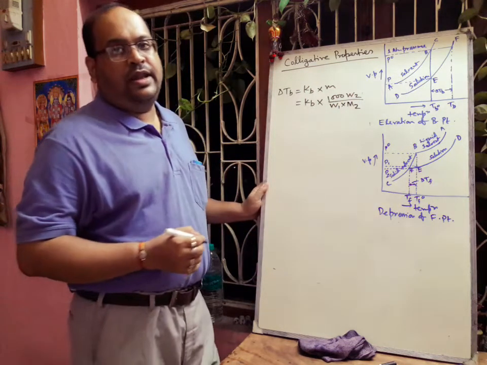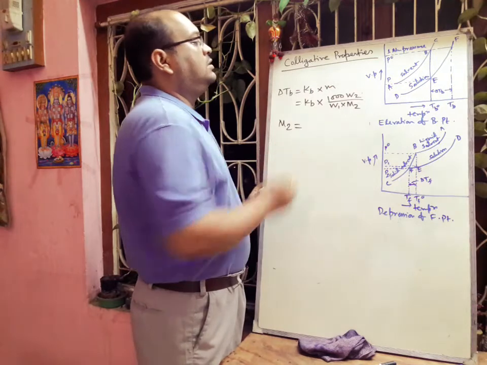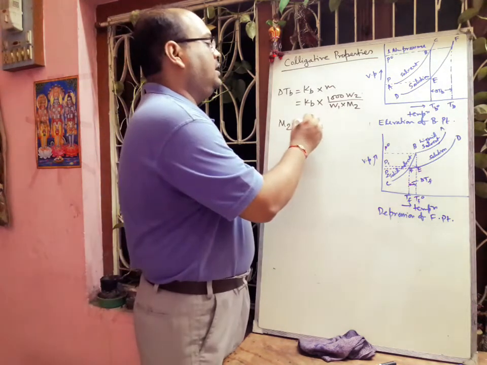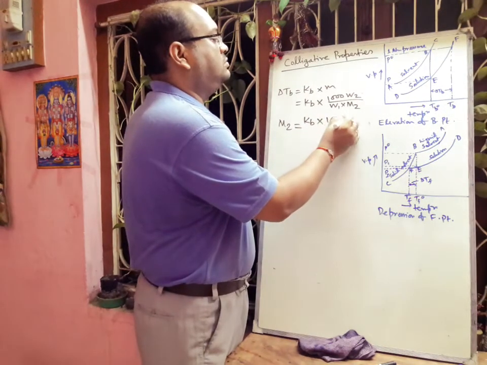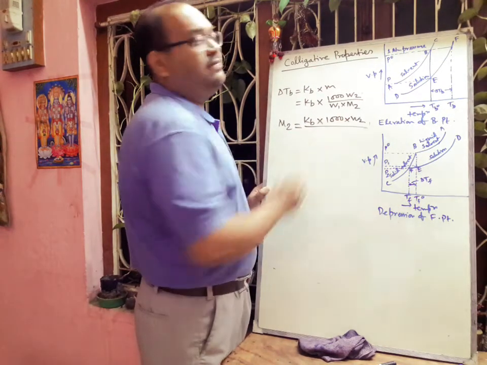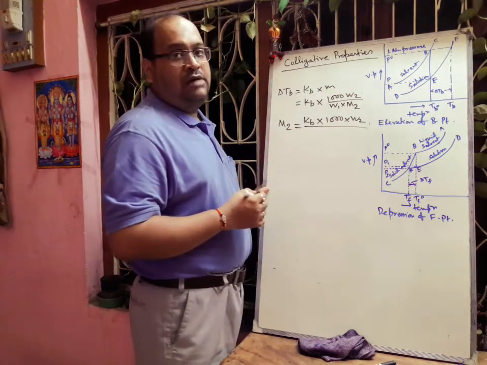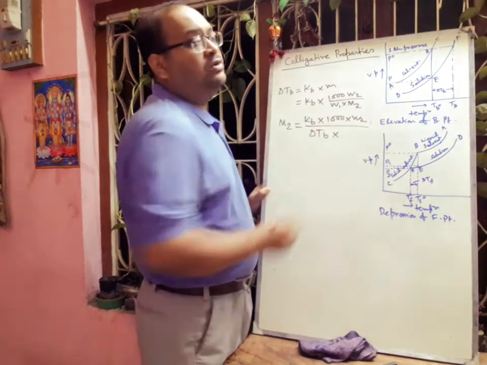Now what will be the value of M2 here? From here we can write the value of M2 will be Kb into 1000 into W2 divided by delta TB into W1.